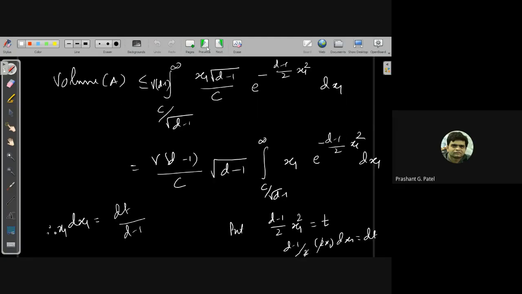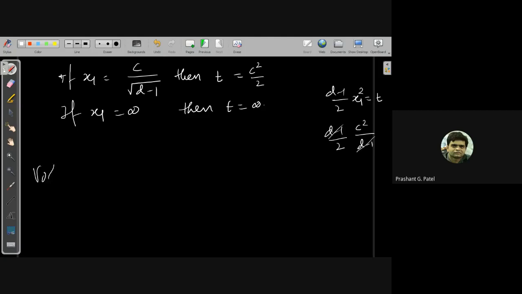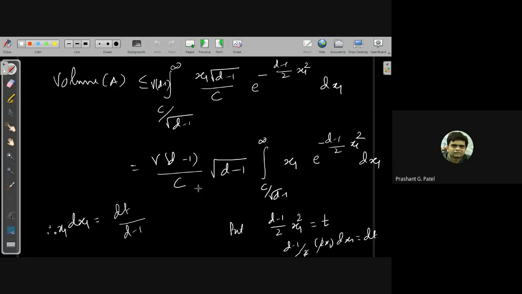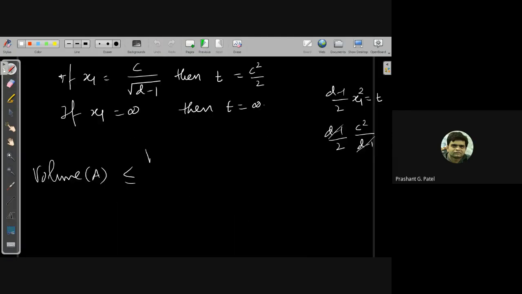So the volume of A finally is less than or equal to the integration from c square by 2 to infinity. This whole term is already there: volume of d minus 1 by c into square root of d minus 1, and that integration is there.